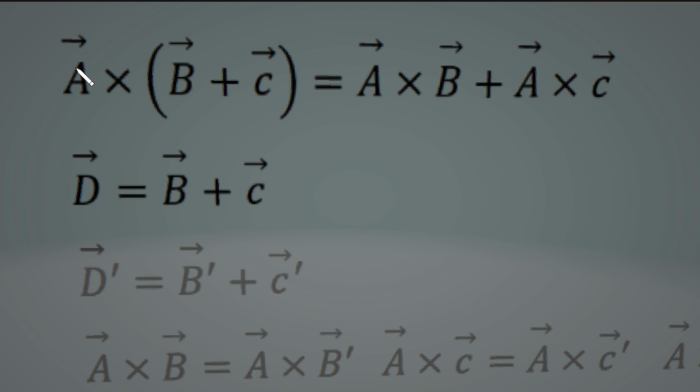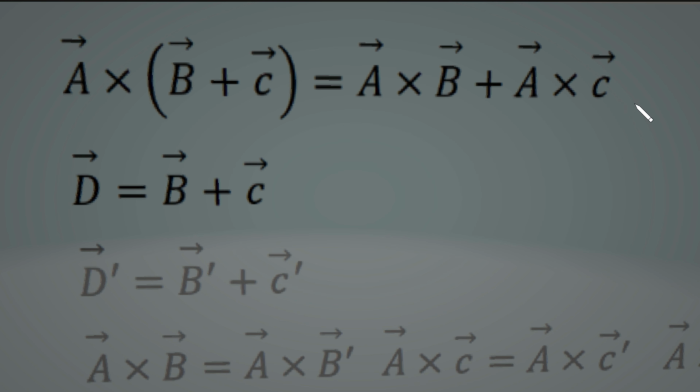For that purpose, let us consider any three vectors named A bar, B bar and C bar. Then the distributive law of vector cross product can be represented as A bar cross (B bar plus C bar) is equivalent to A bar cross B bar plus A bar cross C bar.